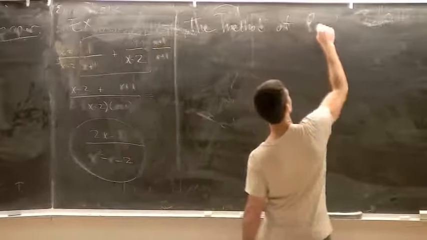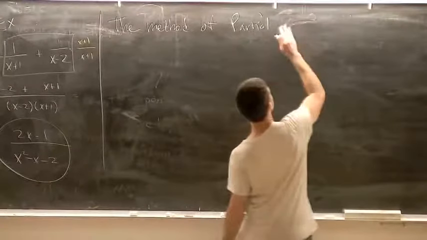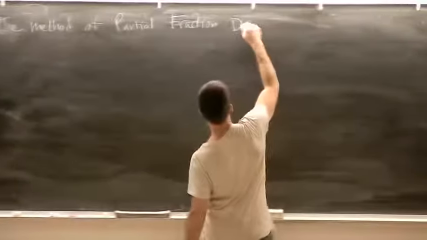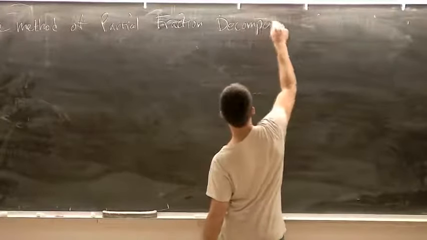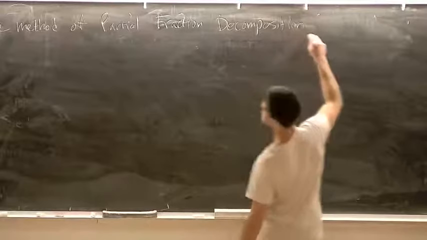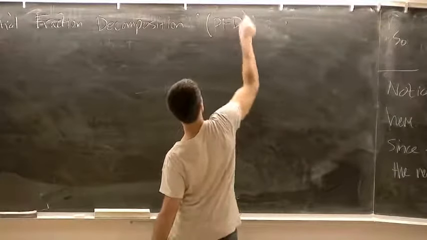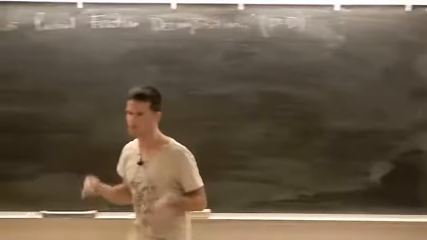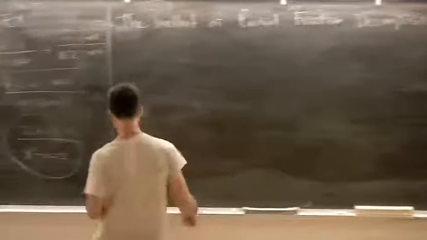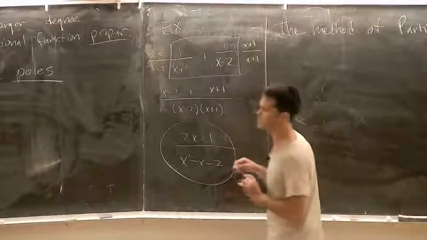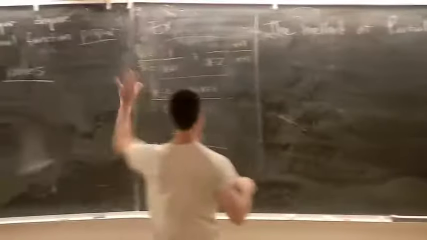The method of partial fraction decomposition, which I will just call PFD for short, or sometimes people just say partial fractions. So let's start with the simplest case, which is a proper rational function.